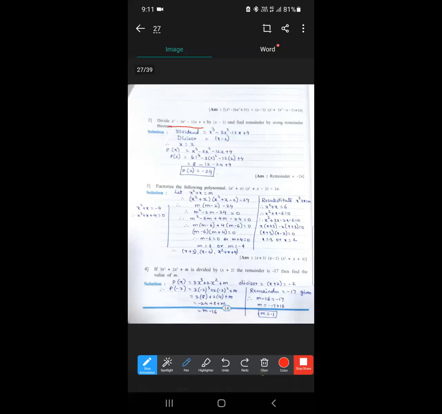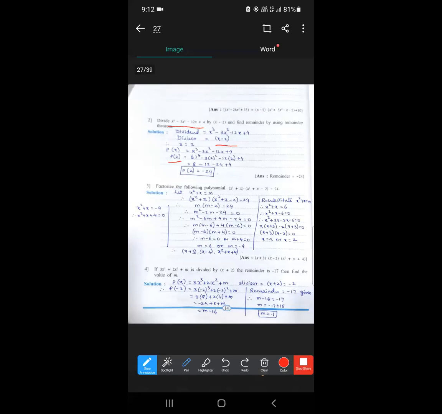Now the variable used is x, so it will be p of x. First write the polynomial given in the question. Since the divisor is x minus 2 and you substitute the value of x as 2, here you will write p of 2.